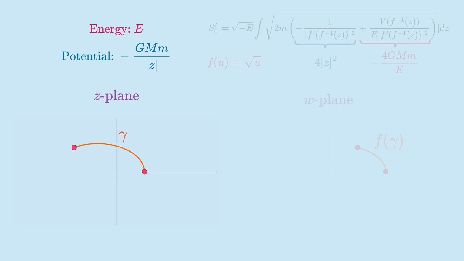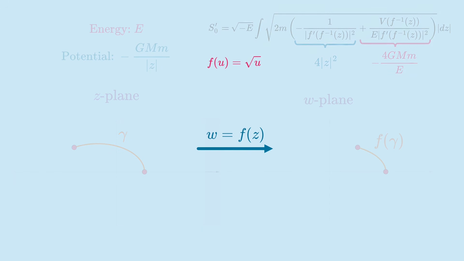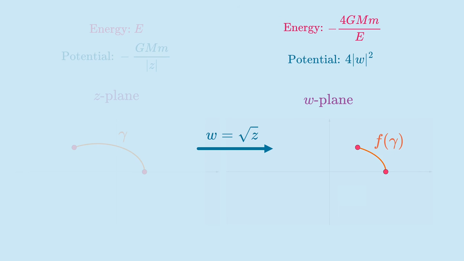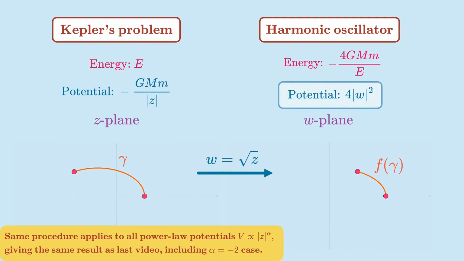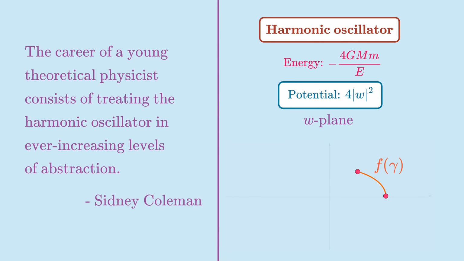We've shown that when we apply f, which in our case is the square root function, the new f of gamma will also be a physical trajectory, but with new energy and new potential proportional to modulus squared. In other words, we have transformed Newtonian gravity into a harmonic oscillator.